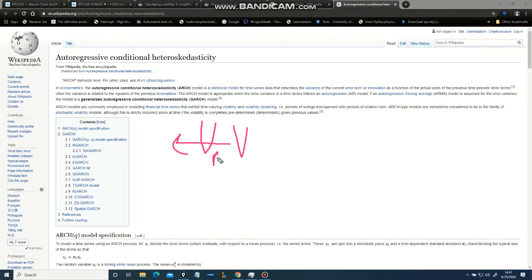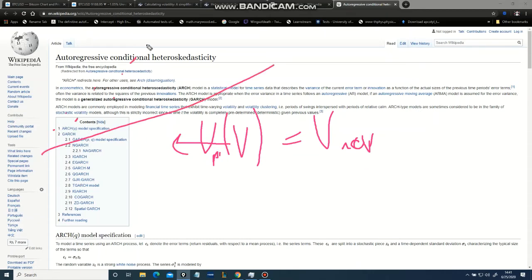So if I want to take the value of the new volatility, I have to compare it to previous volatility. And what this is saying essentially is that, if the standard error of data points is moving up, as I understand it, that describes the variance of the current error term as a function of the actual sizes of the previous time period.